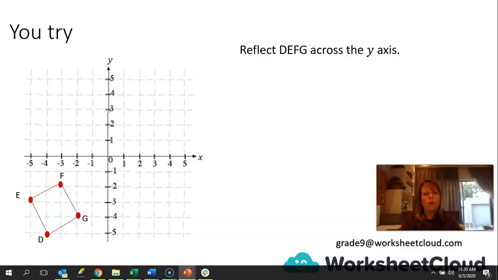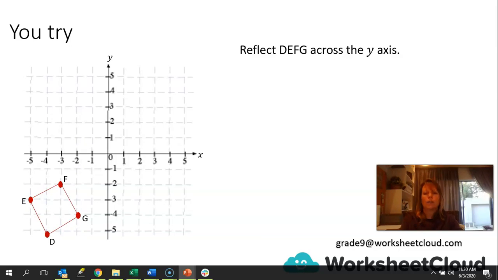So pause the video and you try and reflect that across the y-axis. You know what should happen, okay? But I'm not going to tell you because I want you to try and remember and figure it out so that you can figure out if you've made a mistake or not. Okay, so pause the video, try and do that on your own, and when we come back, we'll go over it together.